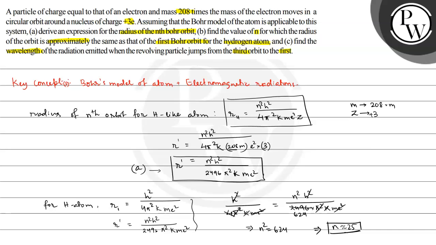Now let us find out the wavelength of radiation emitted for the revolving particle that jumps from third orbit to the first orbit. Alright, so here we have nu bar is equal to R_H multiplied by z square multiplied by 1 by 1 square minus 1 by 3 square. Alright, here R_H will be different, so we have to put a different value of R_H, so let it be R dash.